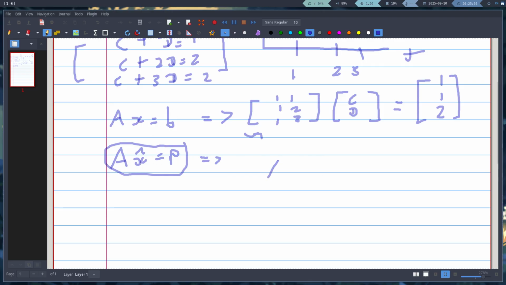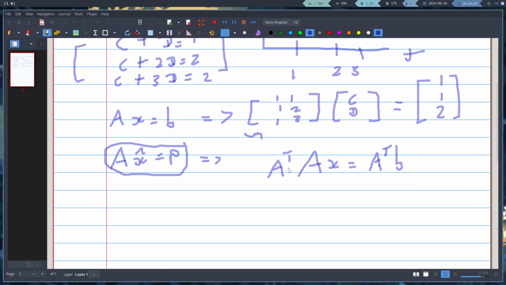So here we end up with A transpose A x equals A transpose b. It's really just that simple. Nothing too complicated is going on here, and you can solve this pretty easily.